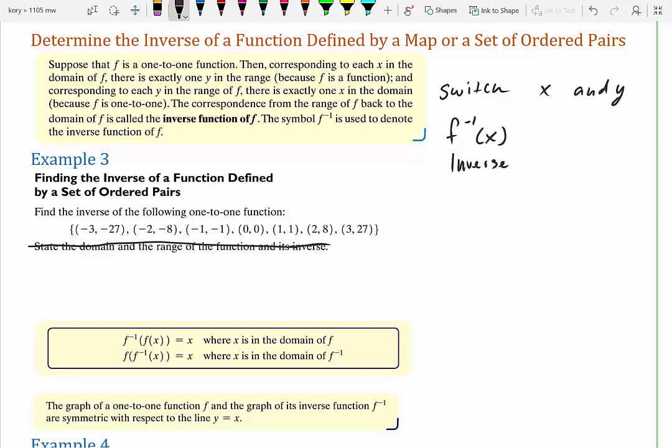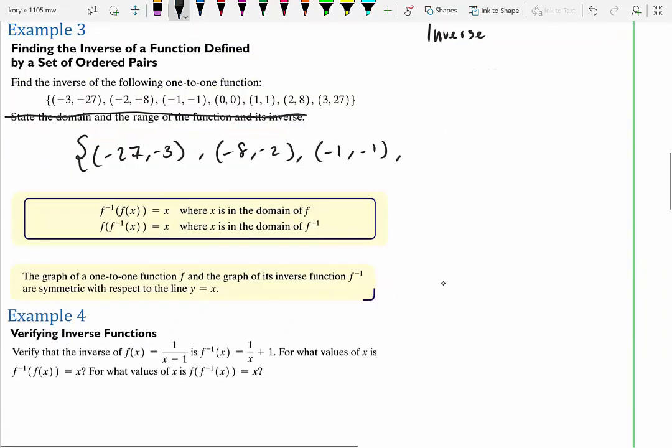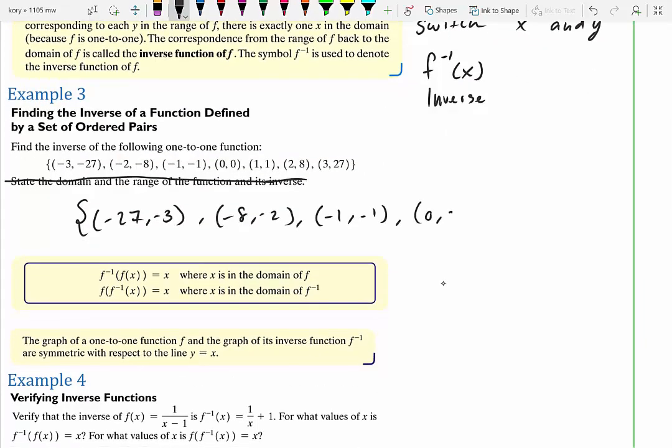So for example 3, how would we find the inverse? You would just switch all the x's and the y's together. Yep. So we have -27, -3, -8, -2, -1, -1, 0, 0, 1, 1, 8, 2, and let me write that on the bottom, 27 and 3.